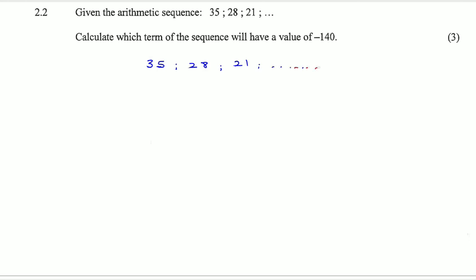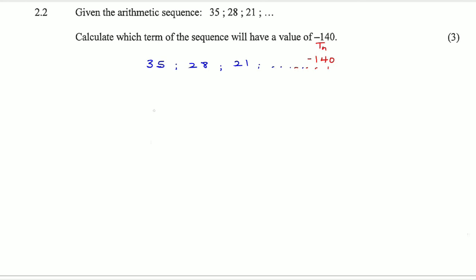Somewhere in the sequence lies the value minus 140, and we want to know in which position the term is. So minus 140 will be term n, and we want to know the value of n.